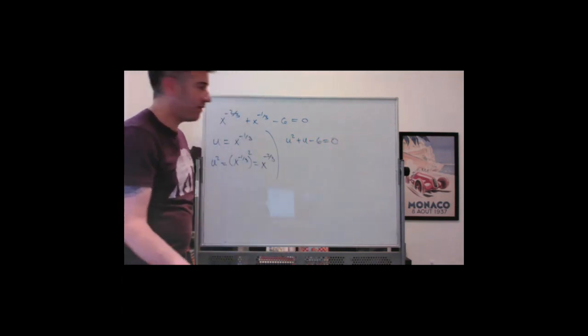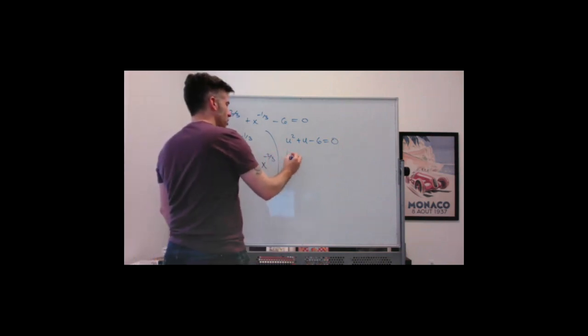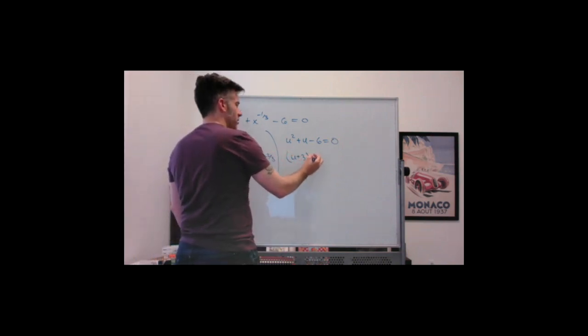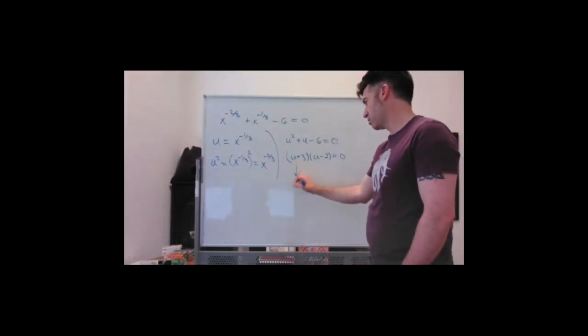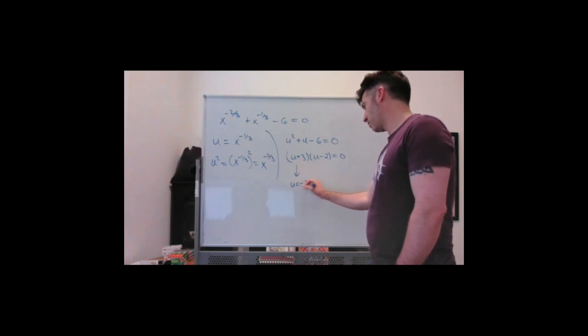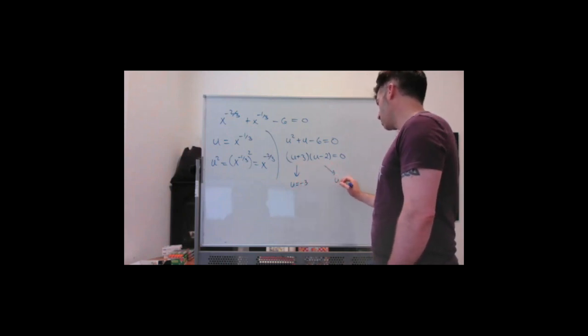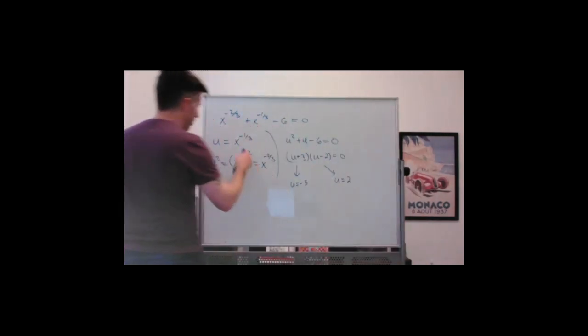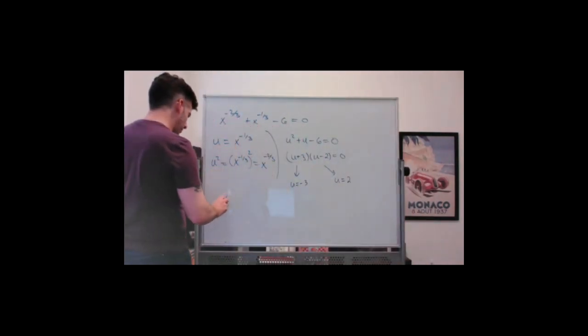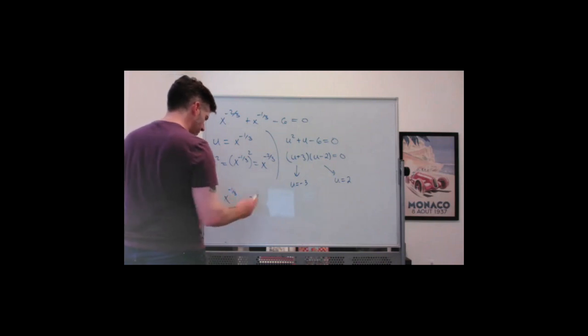And then we're going to factor. This factors as u plus 3 times u minus 2. So I end up getting either u equal to negative 3, or u equal to positive 2. And then I'm going to replace u with x to the negative 1/3. So I have x to the negative 1/3 equals negative 3.